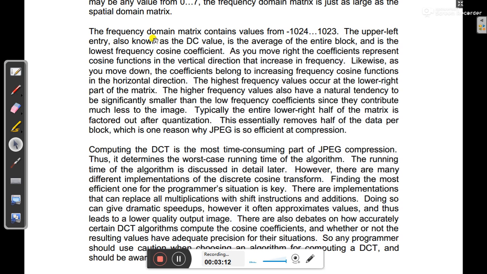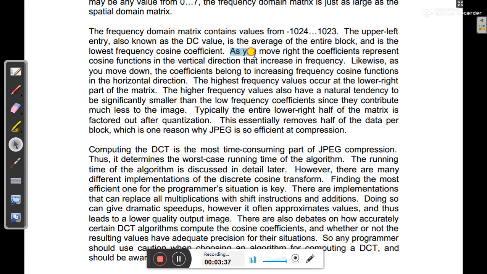The upper left entry, also known as the DC value, or discrete cosine value, is the average of the entire block and is the lowest frequency cosine coefficient.